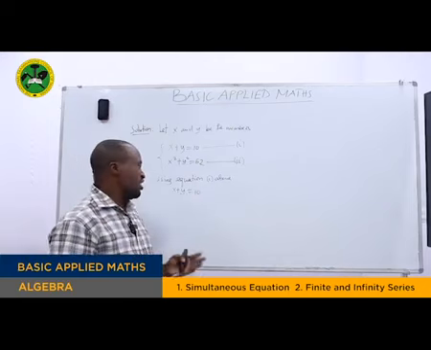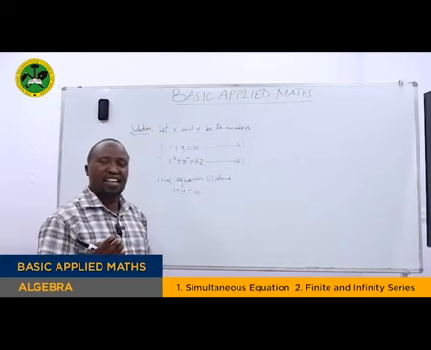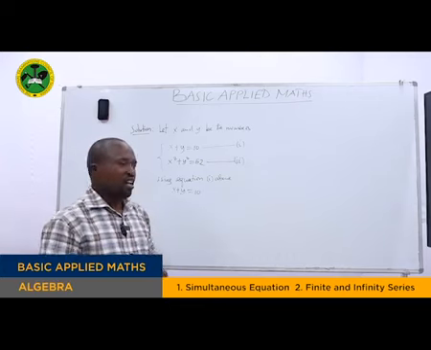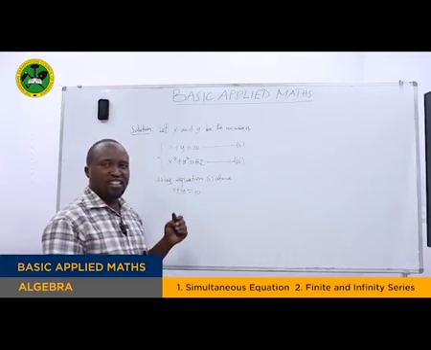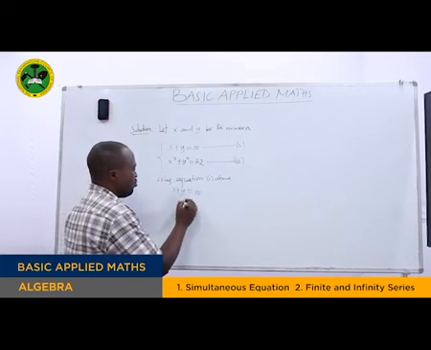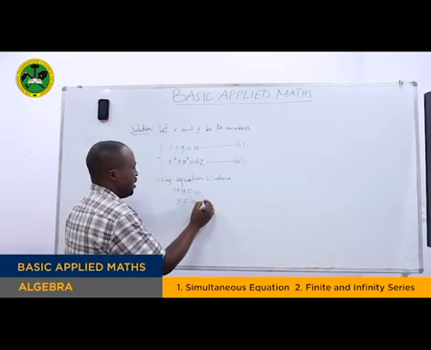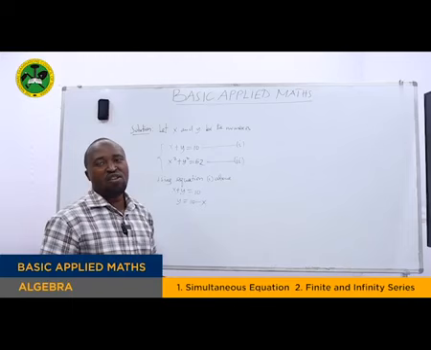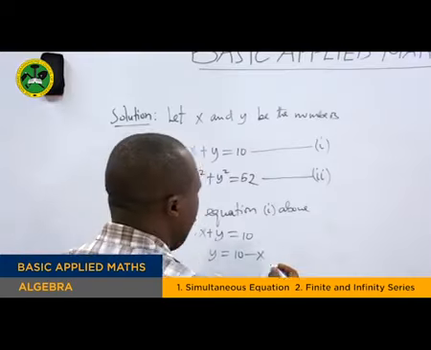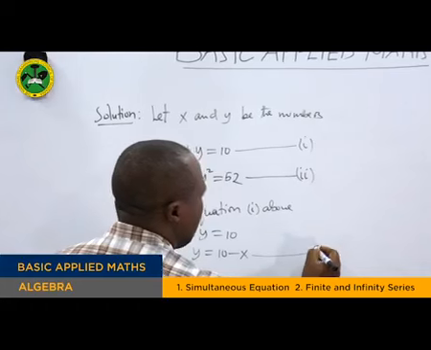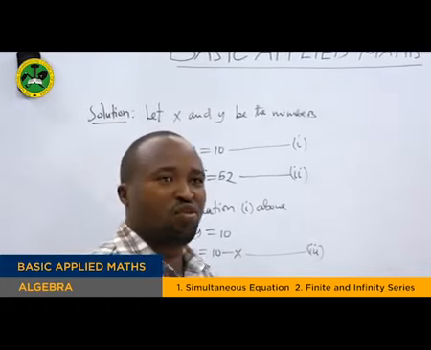At this point, you decide either to make x the subject or y the subject. Suppose we make y the subject. So we have y is equal to 10 minus x, because we shift x to the right-hand side. Call this equation 3. Now we have three equations.